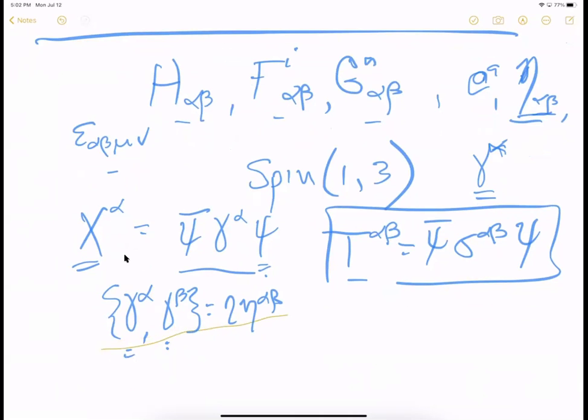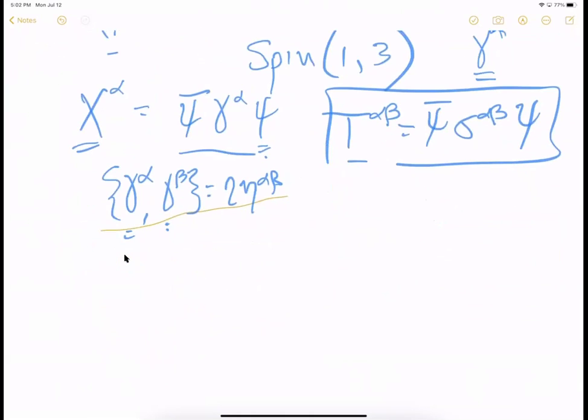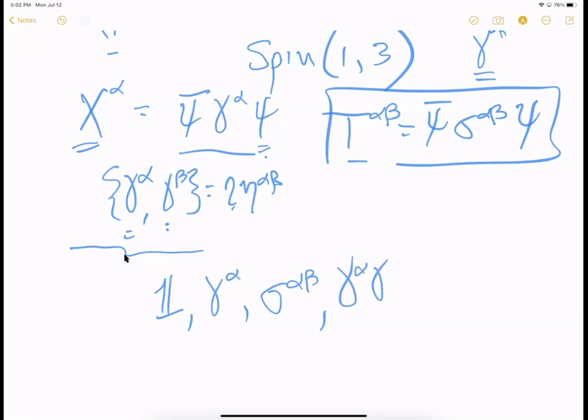We have 15 things. We have one, and we have the gamma matrices. We can take the commutator of gamma matrices. We can take a gamma matrix with gamma 5, and we can take gamma 5.